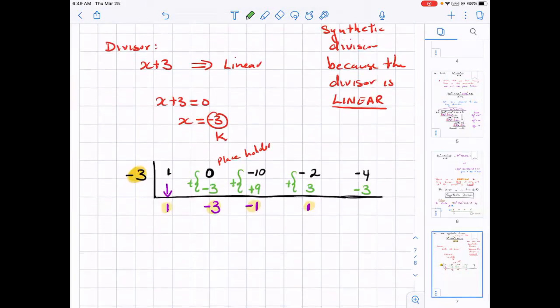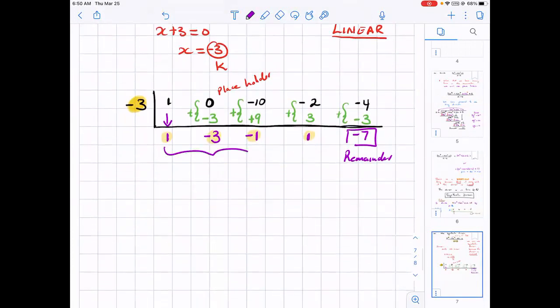And negative 4, we always add. This becomes negative 7. This here is my remainder. Okay, that's my remainder. So the quotient, this here is my quotient.